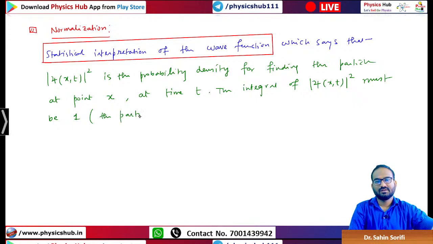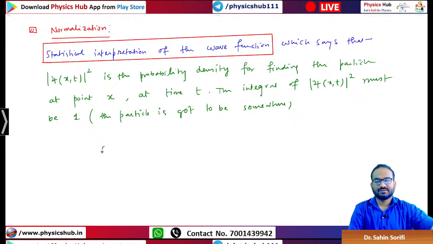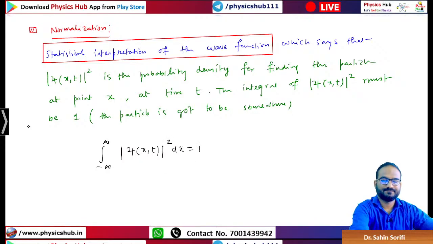The particle has got to be somewhere. So the normalization condition is given by the integral from minus infinity to plus infinity of mod psi of x,t square dx equals 1.